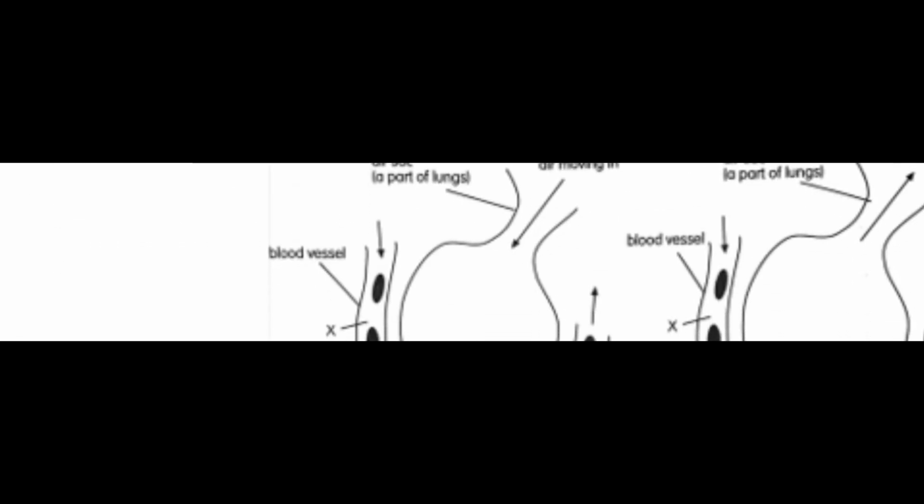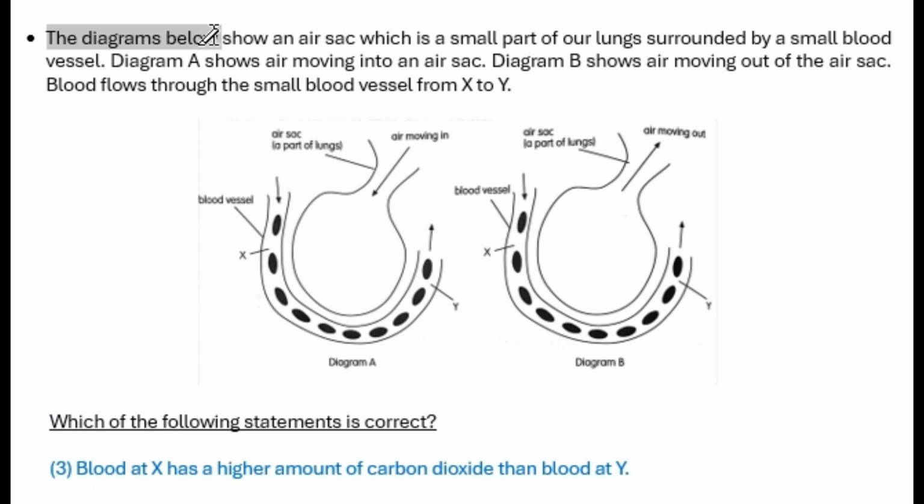The diagrams below show an air sac, which is a small part of our lungs surrounded by a small blood vessel. Diagram A shows air moving into an air sac. Diagram B shows air moving out of the air sac.